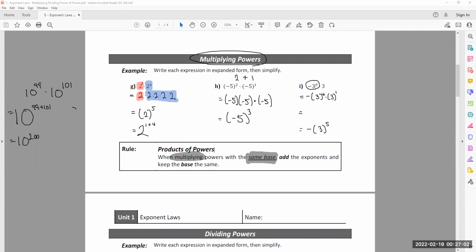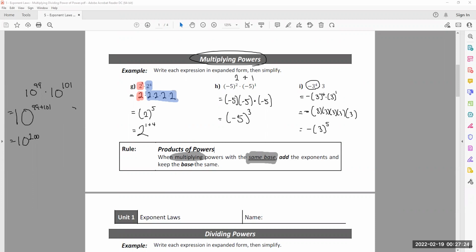Don't believe me? Well, that's a negative, and 3 to the power of 4 is 3, 3, 3, 3, multiplied by one more 3. There it is, 3 to the power of 5. The rule: when multiplying powers with the same base, add exponents.